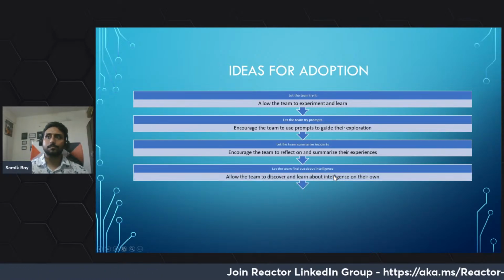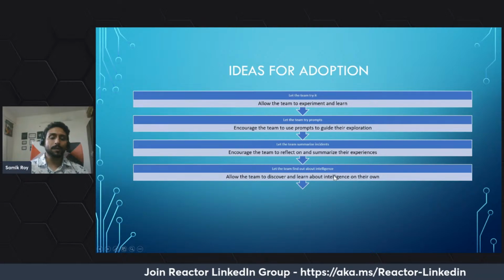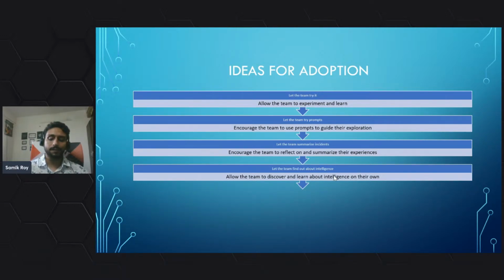Then the moment they find out the difference, they're going to tweak or rewrite the prompts in a different way, and that's where they will figure out the intelligence of Copilot. As an example, a person's responsibility is to create an incident summary report.